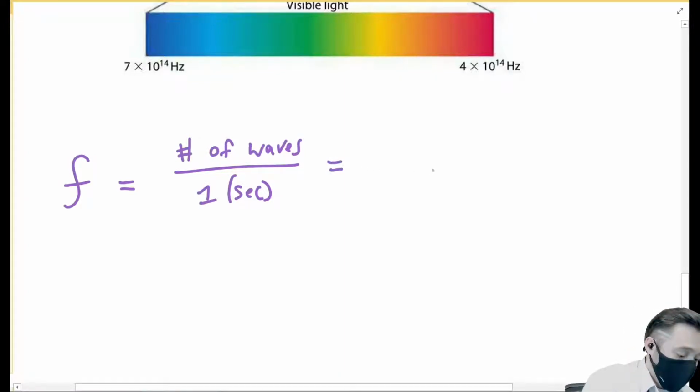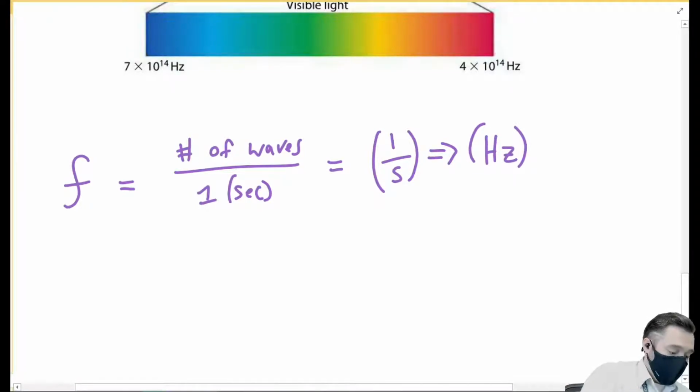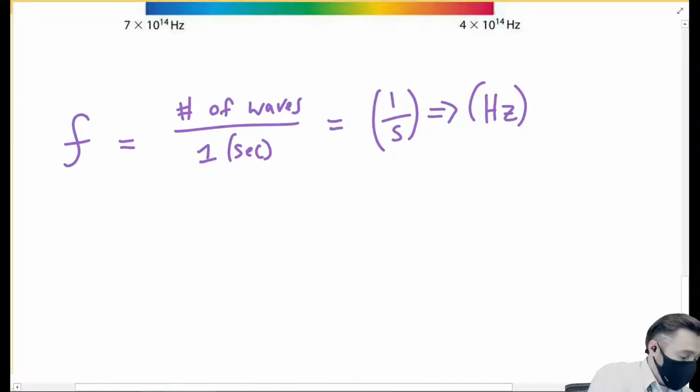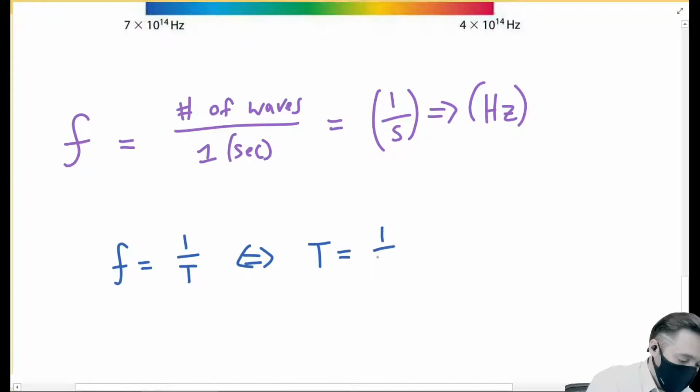So this is going to give us units of 1/seconds, which we can also refer to as a hertz. So the relationship between frequency and period: frequency is just 1 over the period, and period is just 1 over the frequency.